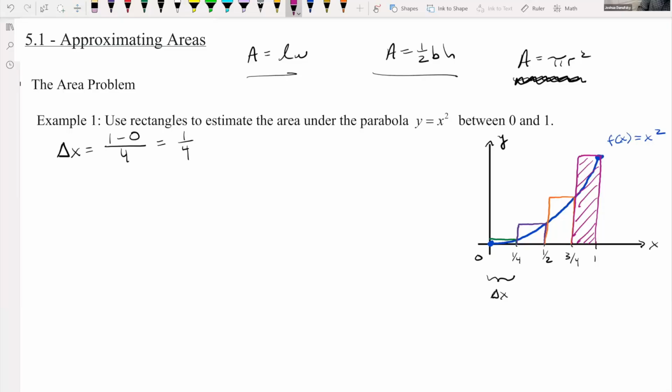Well, we know that the base is delta x, or 1/4. So I'm going to take 1/4 times the height. Well, what's the height going to be? The height is going to be from here in yellow all the way up to there, the highlighted yellow distance. All that is the value of the function at 1. When x is equal to 1, you put it in there, you get x squared. 1 squared is 1. This value is 1.